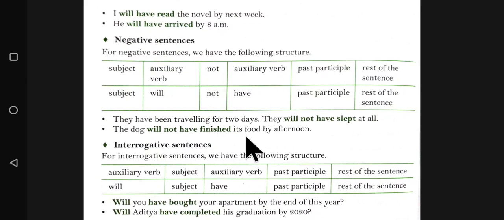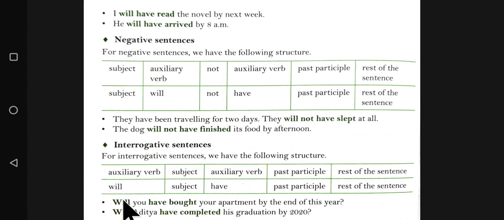And last comes the pattern for an interrogative sentence in future perfect tense. The pattern goes like this. First comes the auxiliary verb, then the subject, then again a second auxiliary verb, then the past participle form of the verb, and then the rest of the sentence. So it goes like this: Will you have bought your apartment by the end of this year?